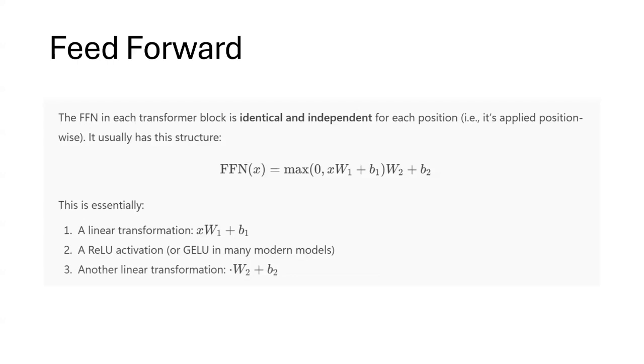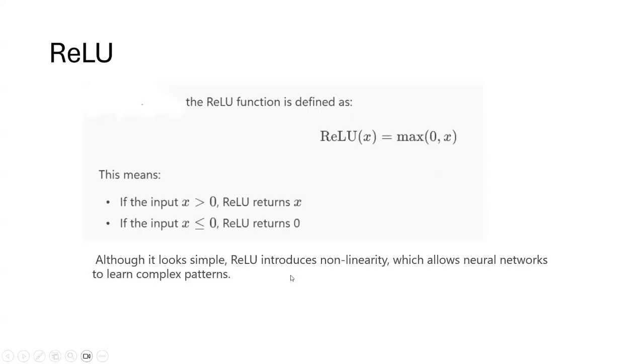First, a linear transformation: xW1 + b1 is one linear transformation. You have the input value, you multiply by the weights and add biases. Then you apply max(0, ...) on xW1 + b1, which means we are applying a ReLU activation function. We can also apply GELU. And finally, again, we do a linear transformation.